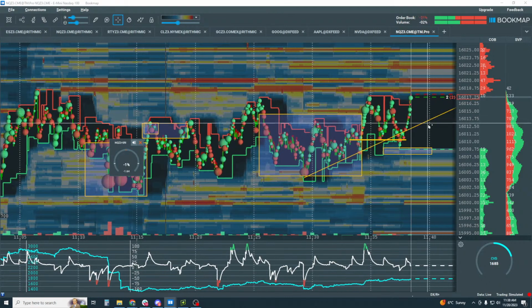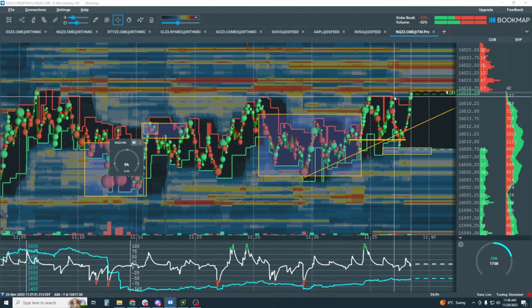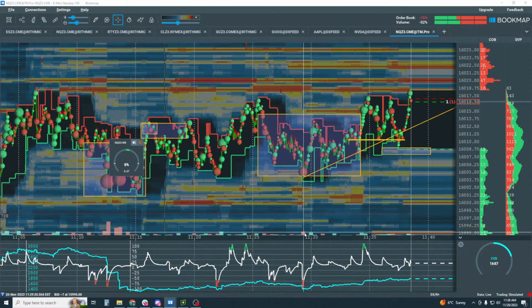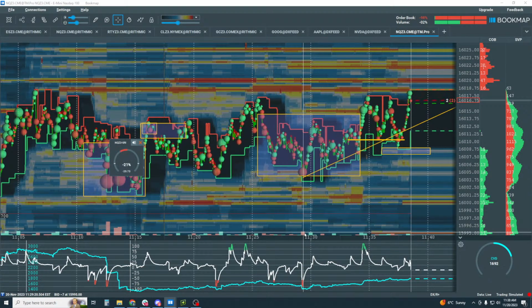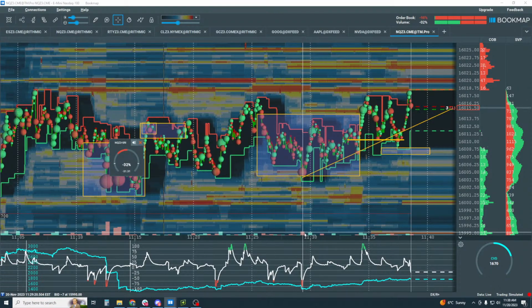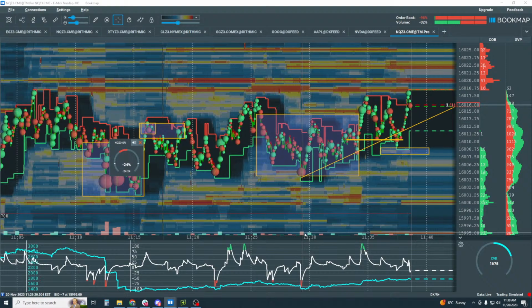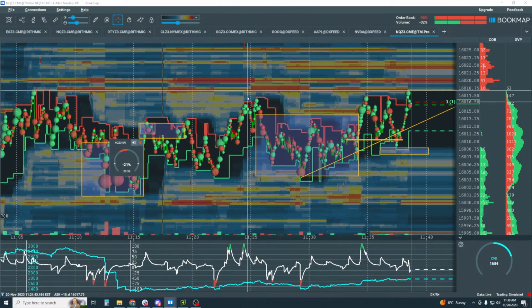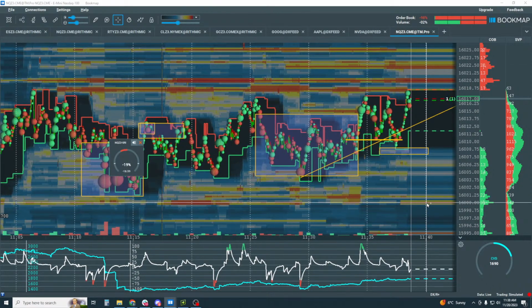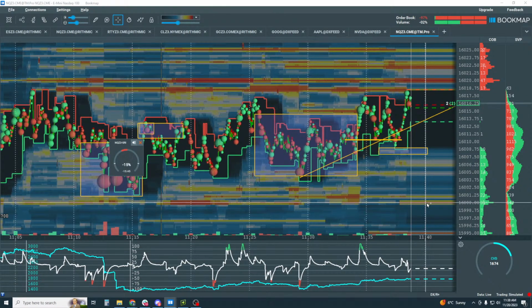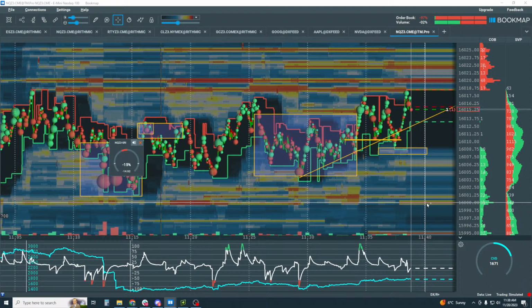And here come our buyers, still looking for this move higher, and it should be really good now. Come on, buyers, where are you? They just kind of nibble away at it, but they're still buying up here. I'm just looking for the squeeze here, and then that big, swift move.